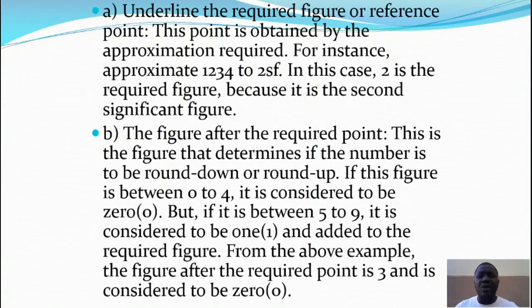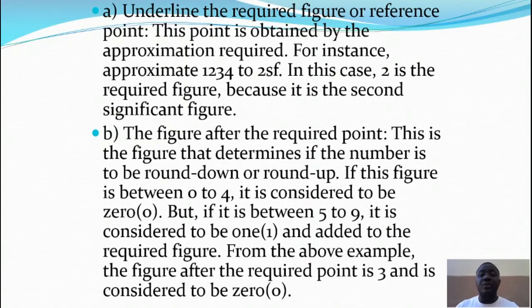So now after you've obtained your required point, the next question is: what is the number after the required point? The number after the required point will tell us if we are rounding up or rounding down. If the figure is between 0 and 4, we round down, it becomes 0 automatically.